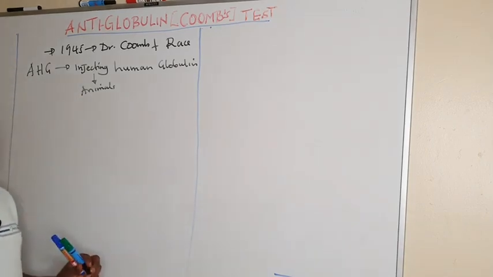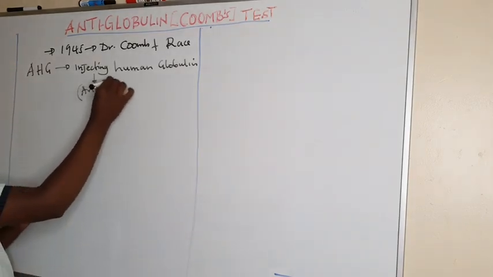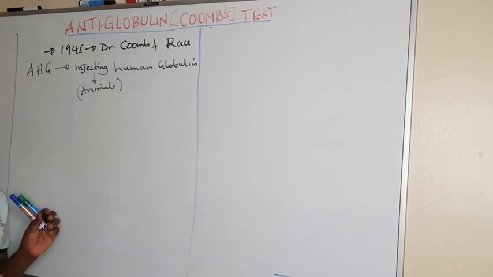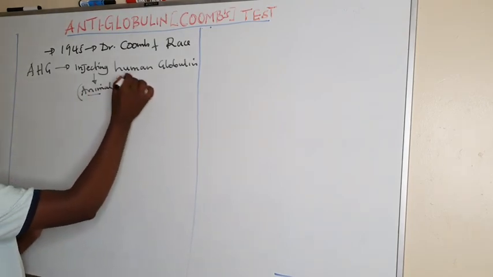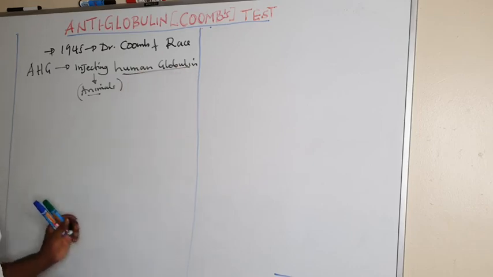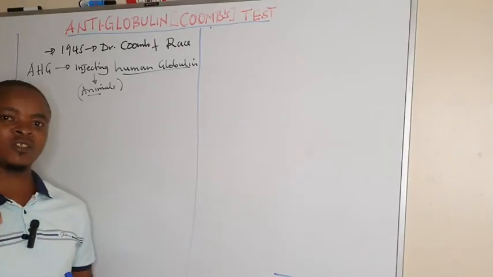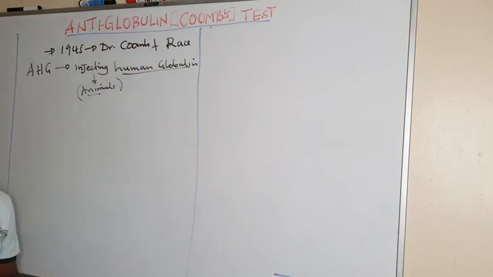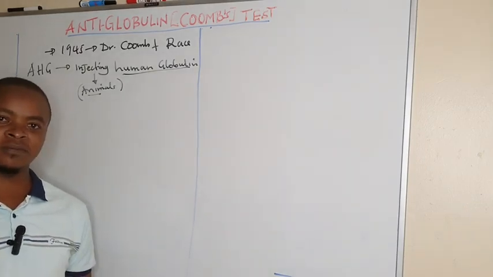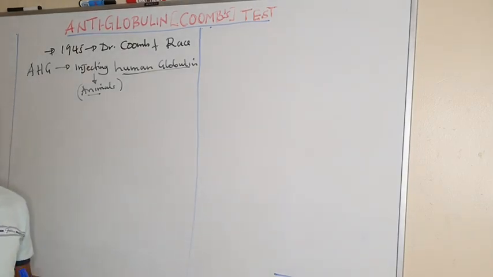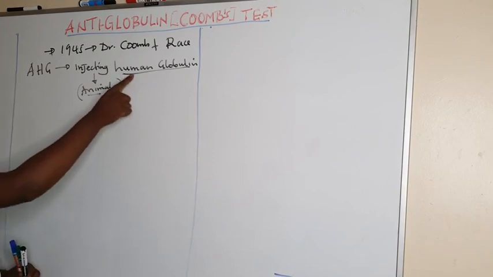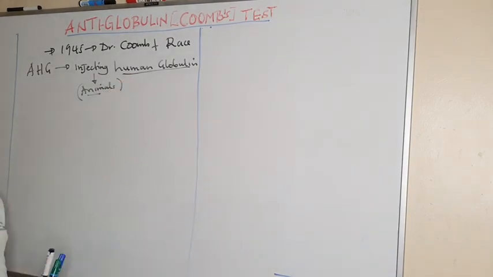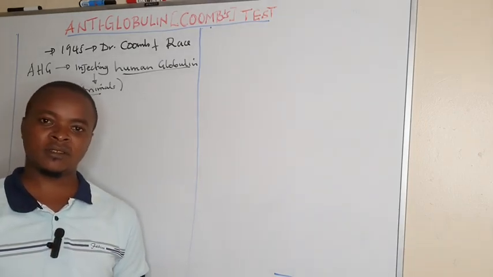Later, we collect the polyclonal antibodies manufactured by these animals after injecting them with human globulins. That's why it is called the anti-globulin test, or anti-human globulins: antibodies developed against human globulins.